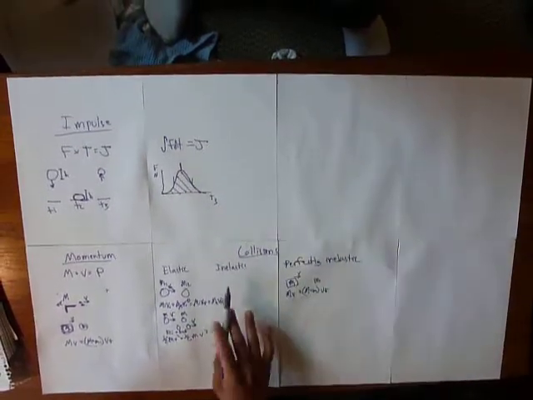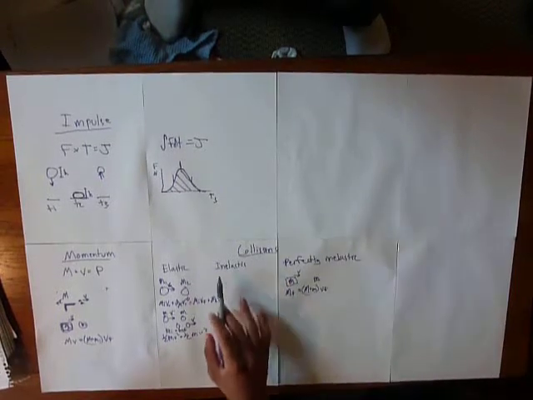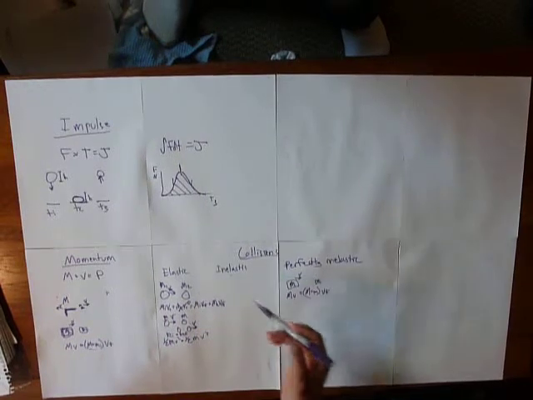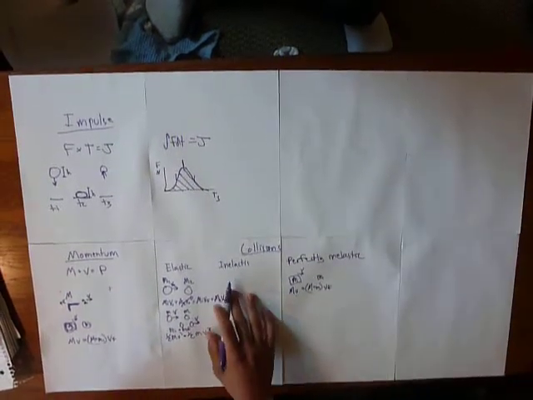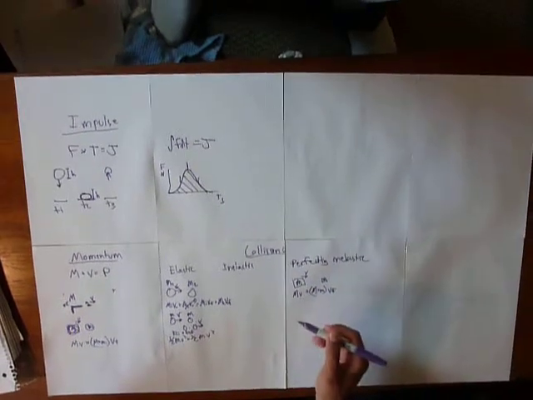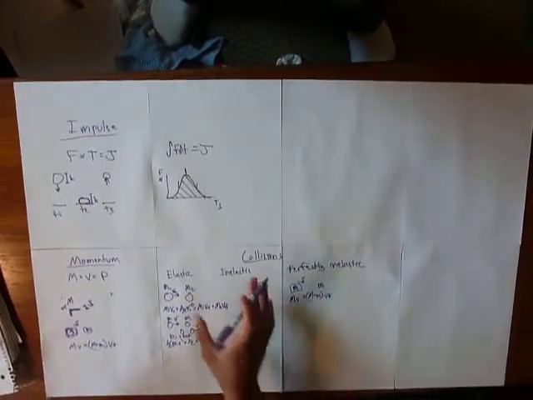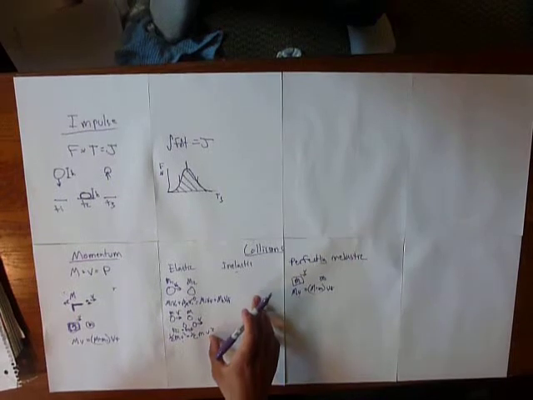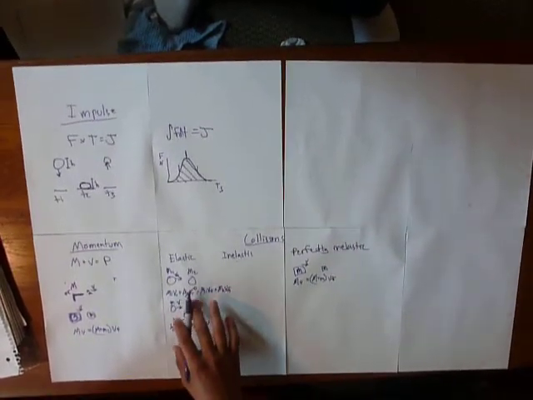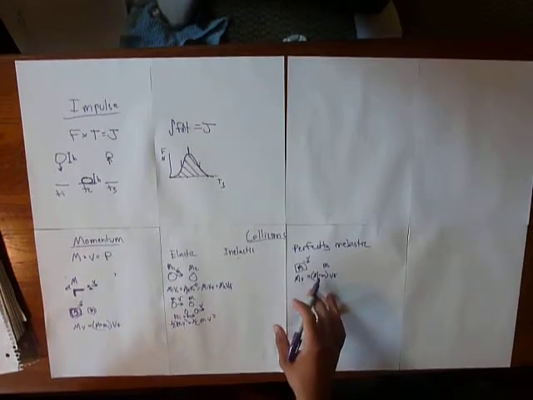And so for inelastic, which is kind of in between perfectly inelastic and elastic, momentum is conserved, but energy is not. This is where most of the collisions fall in, because most collisions are never going to be perfectly elastic or perfectly inelastic.